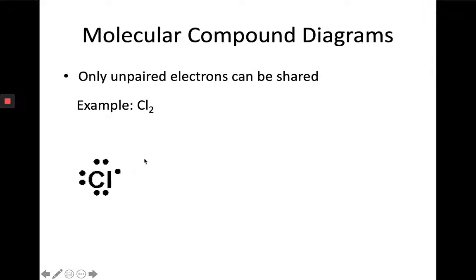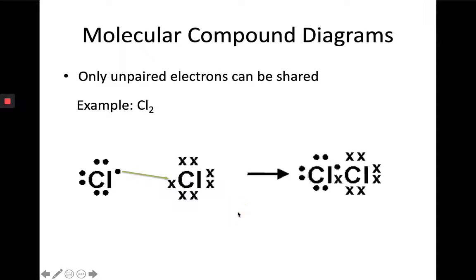When another chlorine comes along, which also only has 1 electron that can be shared, they come together and share those single electrons. So we get our chlorine 2 molecule here.